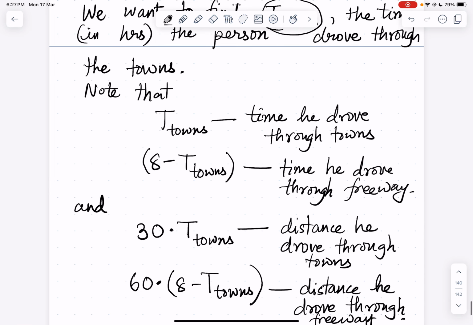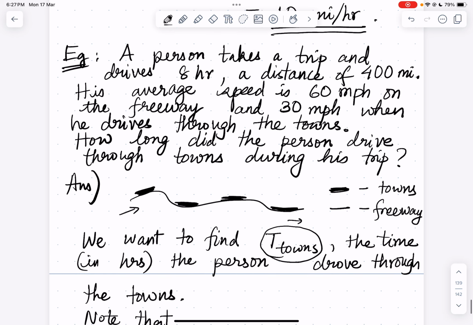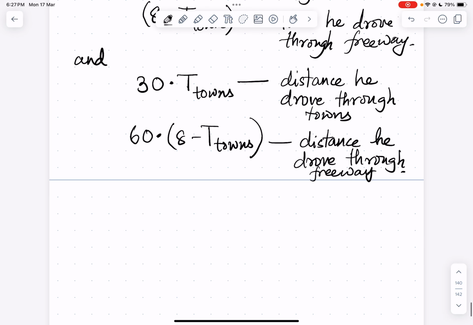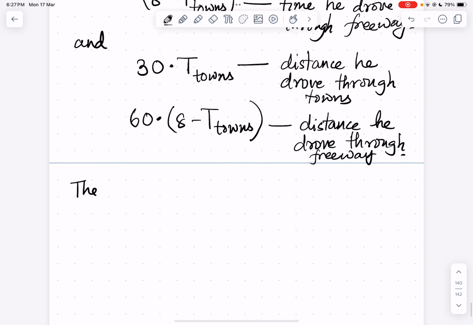So note that these quantities are the times and distances he drove through the towns and freeway. Now the total distance is 400 miles. We haven't used that anywhere.